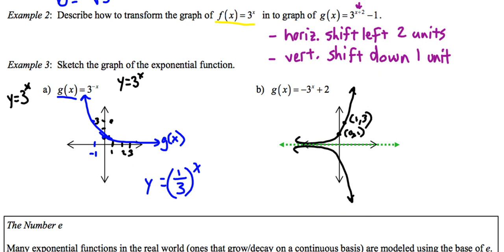So we want to take each of those points and shift them. This point, which was 0, 1, is now 0, negative 1, and shift that up 2, so that goes back to 0, 1. The point that was 1, 3, when it was reflected, became 1, negative 3. That point gets shifted up 2 units, so now it's at 1, negative 1.